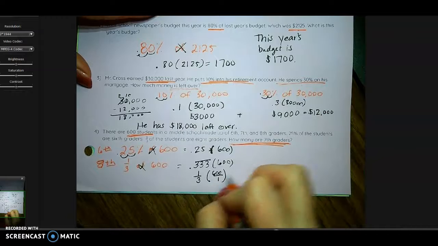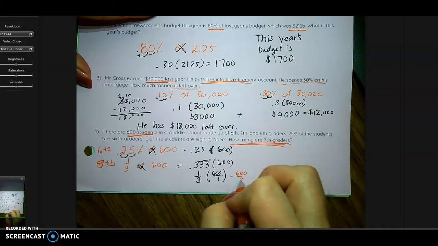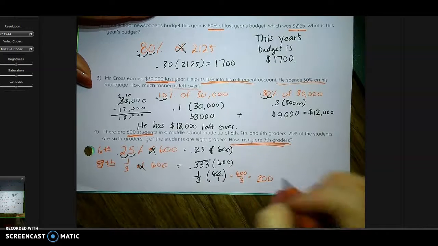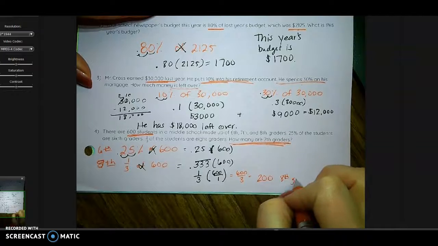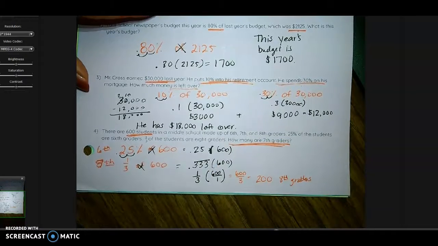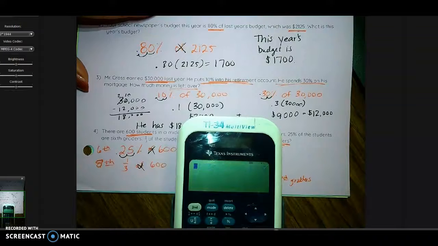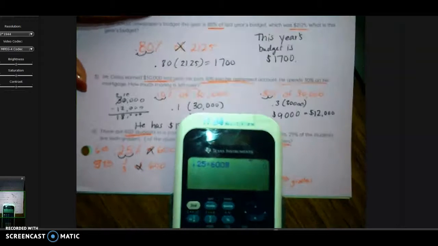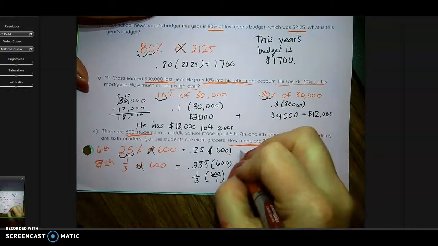So when I multiply, I find out that there are 200 8th graders. And up here, when I do 0.25, 25% is 150.